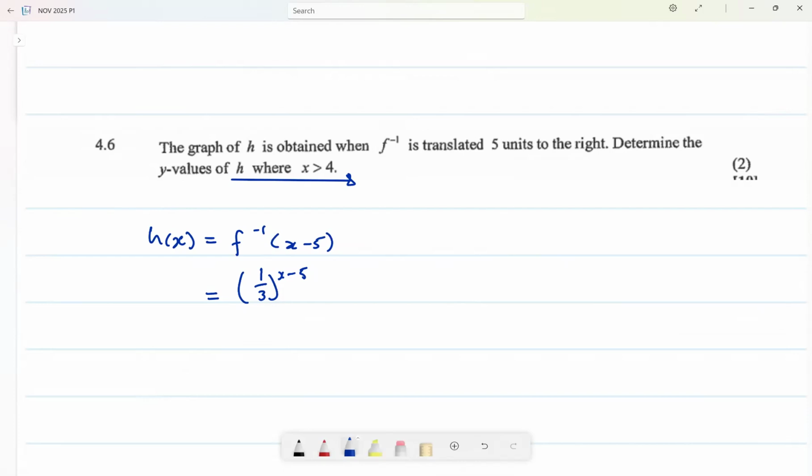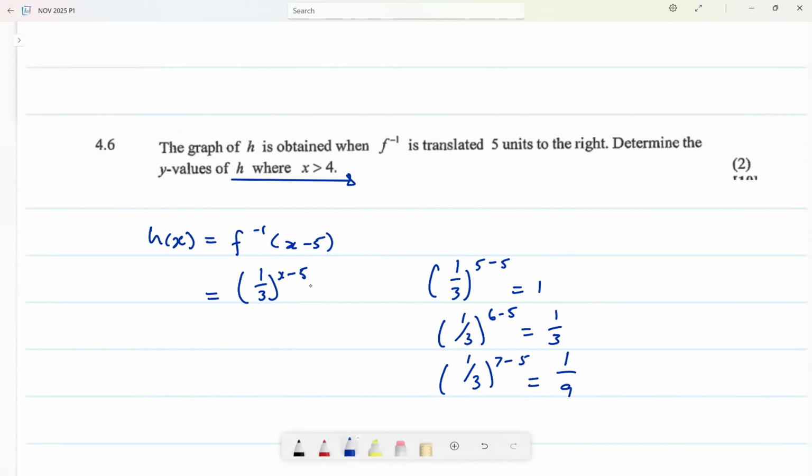What I want you to see is if you substitute, let's say x is 5, 5 minus 5 gives you 1. Then when you substitute (1/3) to the power of 6 minus 5, it's going to give you 1/3. And then (1/3) to the power of 7 minus 5 is going to be something like 1/9.